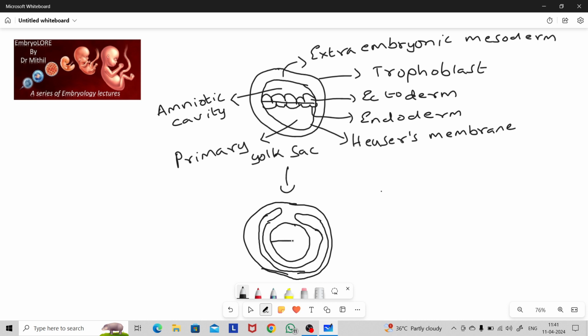Above that is the ectoderm, and below that is the endoderm.